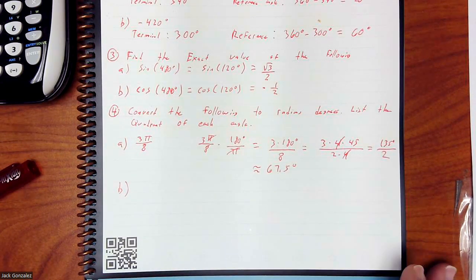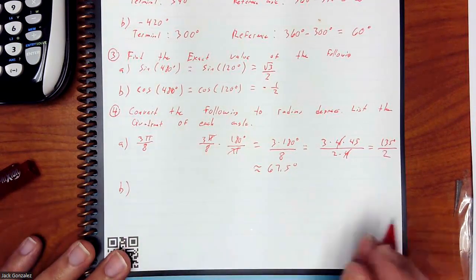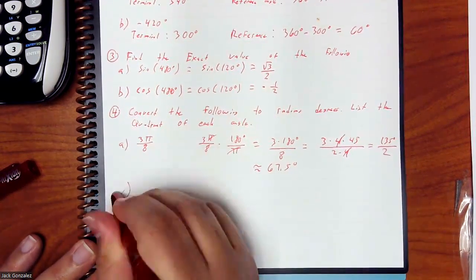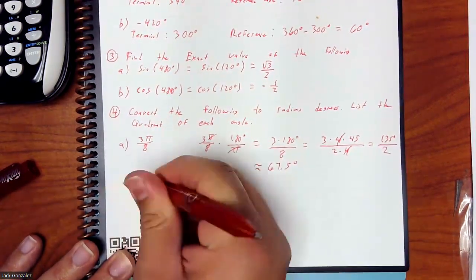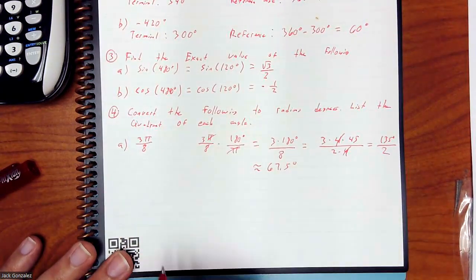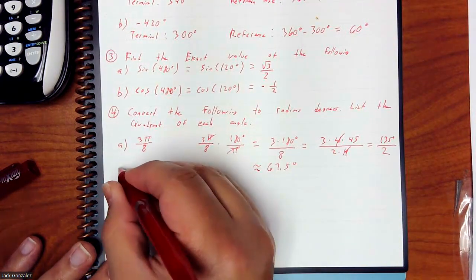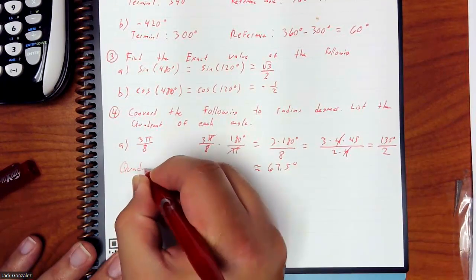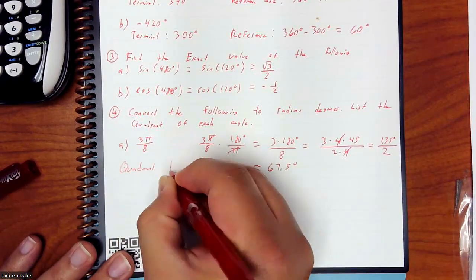Oh, forgot the quadrant. What quadrant is 67.5 in? Quadrant 1.